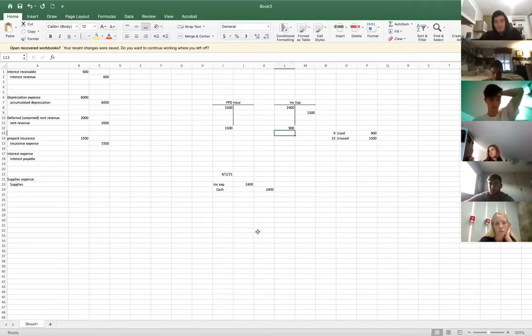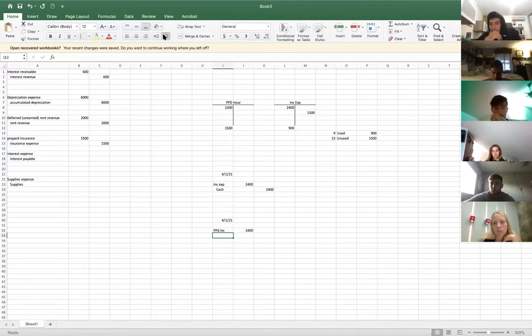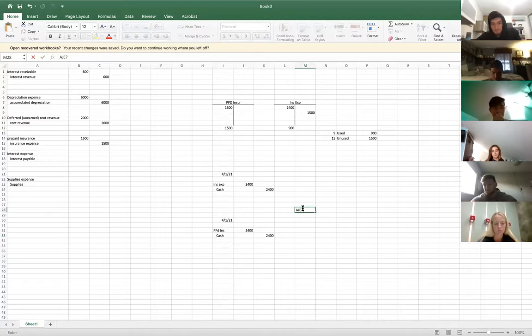Let's suppose that on April 1st of 2021, they debited prepaid insurance for the 2,400 and they credited cash for 2,400. What would my adjusting journal entry be if instead of debiting insurance expense, they had debited prepaid insurance?